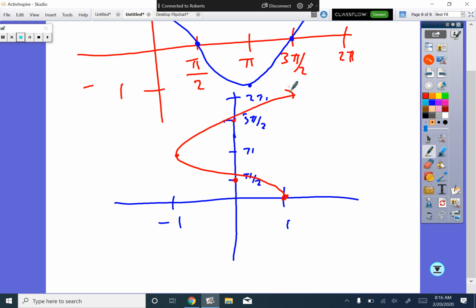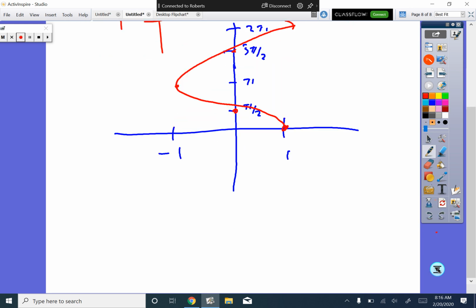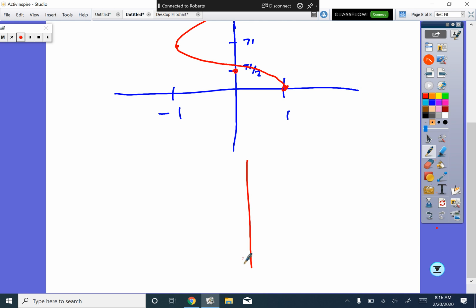Okay, but once again, this is still not a function, right? Agreed? Where do we stop being a function at? Pi. Up until pi, we were fine, correct? Notice, ladies and gentlemen, though, unlike sine, that is its function just from zero to pi.